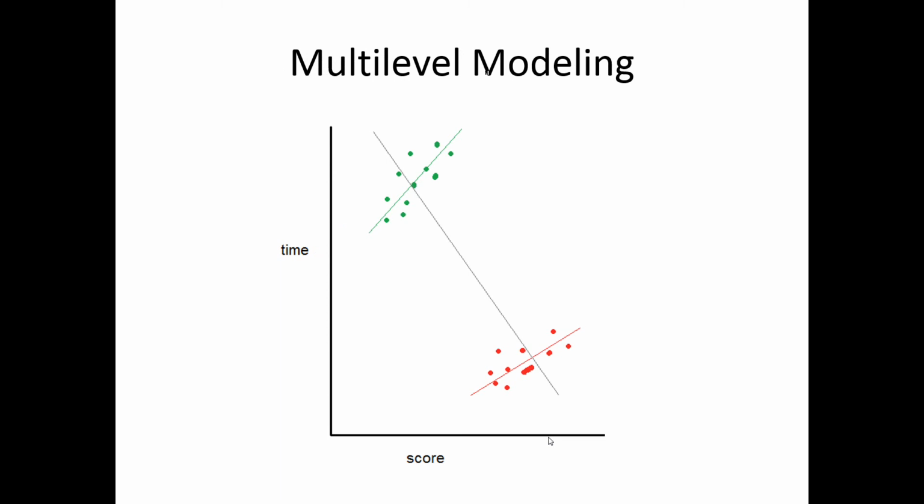Another interesting thing about the correlation coefficient is that, again, it is important to visually examine data. Here I showed an example with some fictional data, where I'm plotting the score from some test against time, how much students spent preparing for this test. Let's say this is data from one class and this is data from another class.